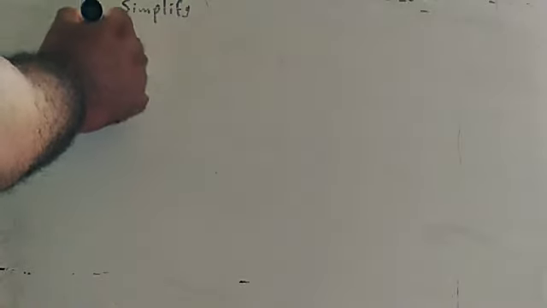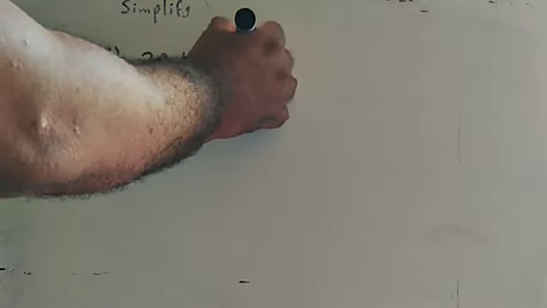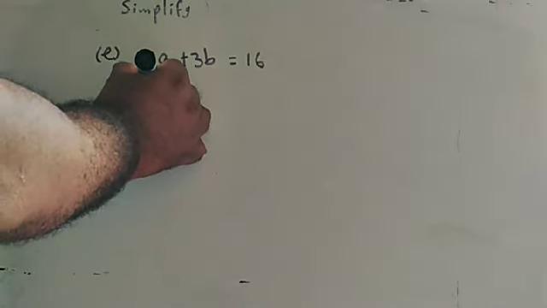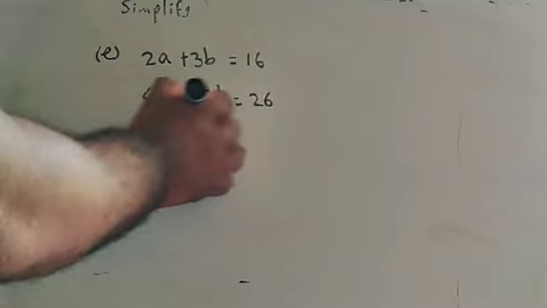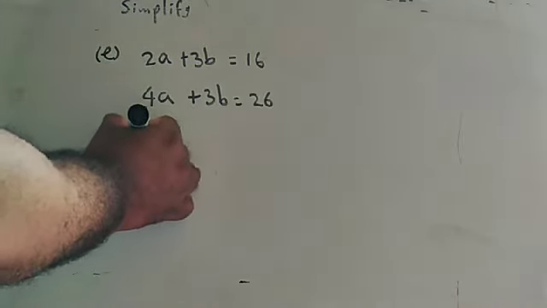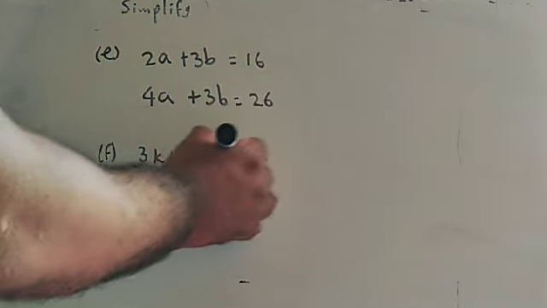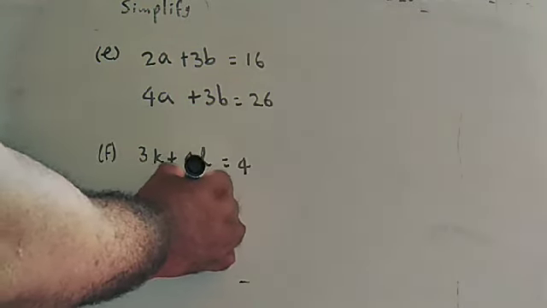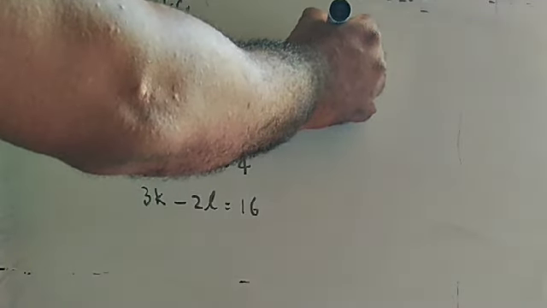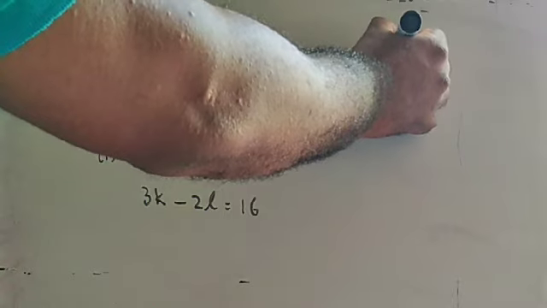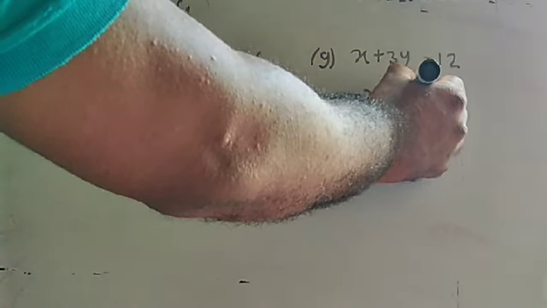E: 2a plus 3b is equal to 16, 4a plus 3b is equal to 26. Next: 3k plus 4l is equal to 4, 3k minus 2l is equal to 16. Next: x plus 3y is equal to 12, minus x plus y is equal to 8.